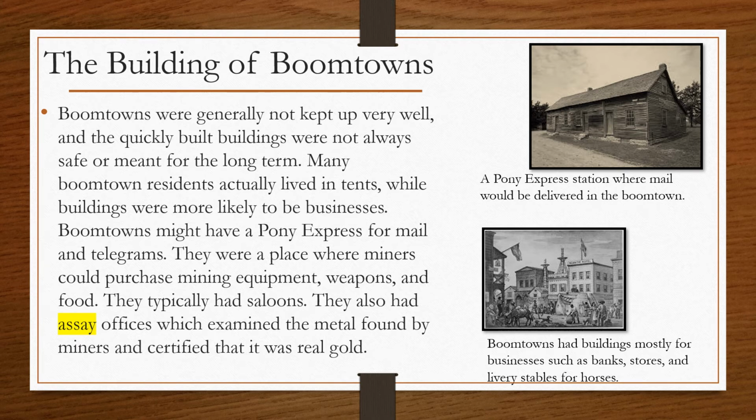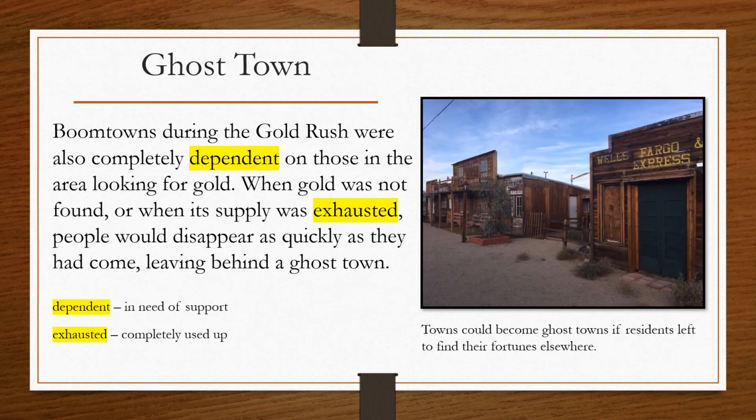They had saloons open so that they could get a hot meal or even a bath at that point in time, because some of them were living in tents, and saloons could provide some of those services for them. So that's how boomtowns started. Let's move on.